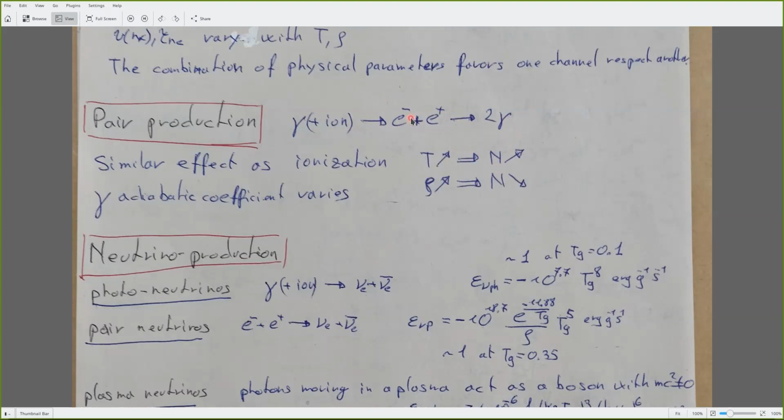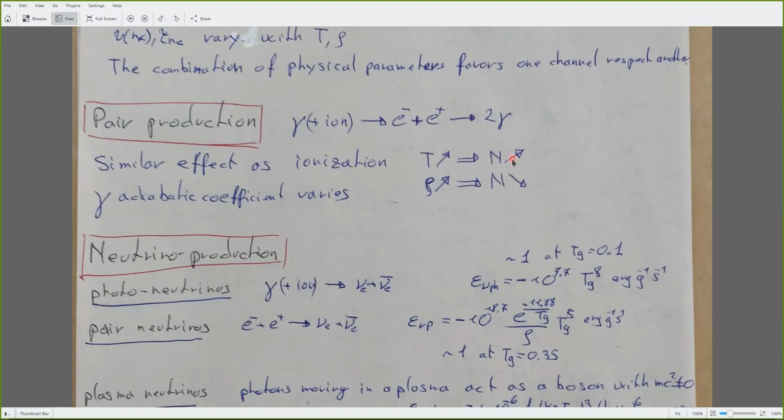You can see the electron and positron have a mass of about half a mega electron volt, so you need a really high energy gamma photon to manage to produce this kind of reaction. As we saw previously with the effect of ionization, the effect is similar, because the photon interacting with ions produces a pair that then annihilates, but at a certain point there is an equilibrium between the production of the pair and the destruction.